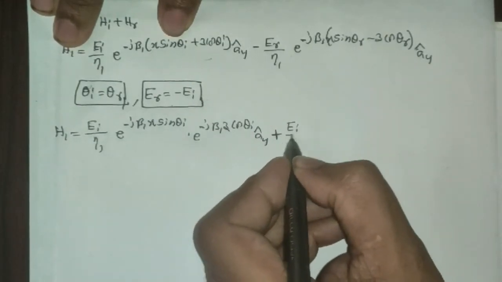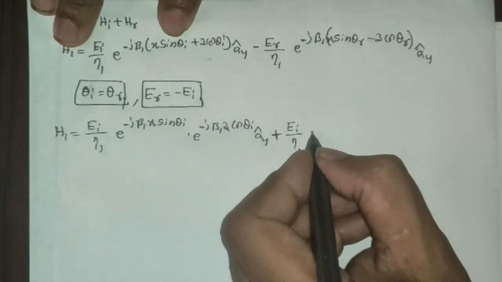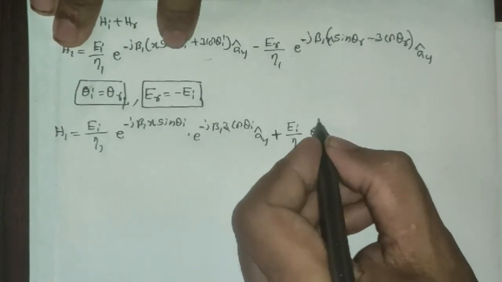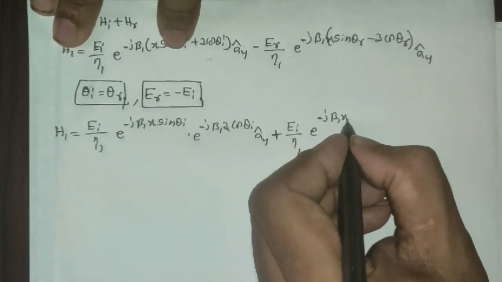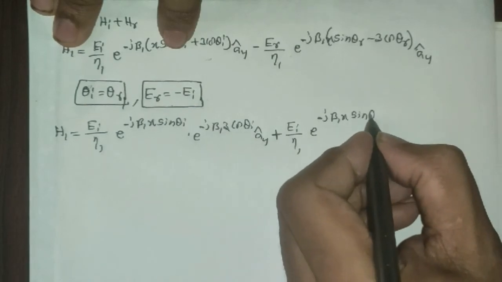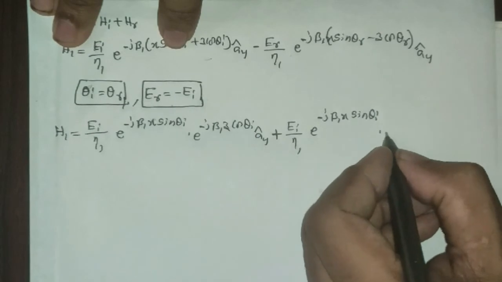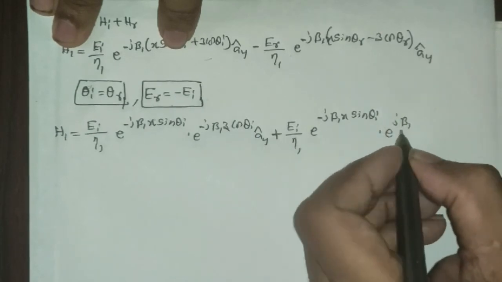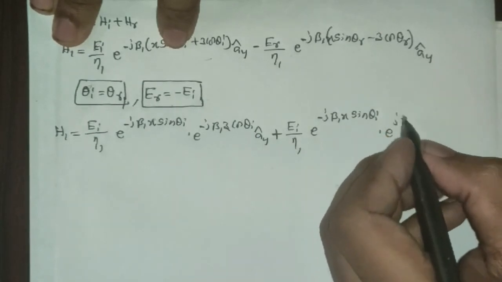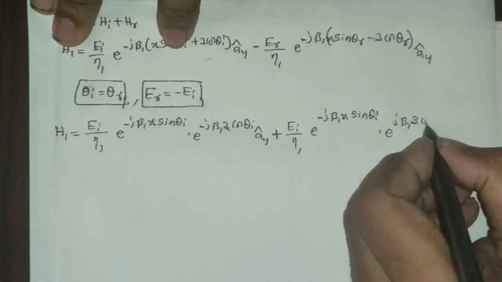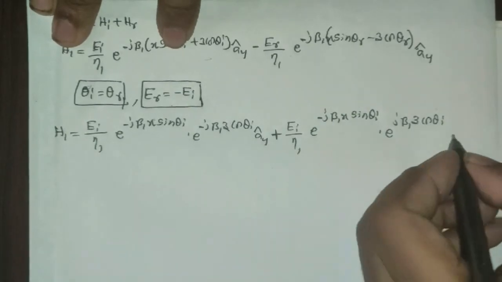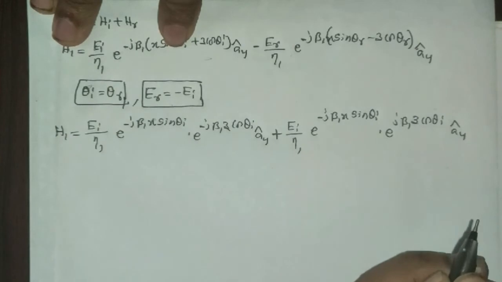So this value becomes EI by eta 1 into e to the power of minus j beta 1x sin theta I, because theta r is nothing but theta I, into e to the power of j beta 1 z cos theta I into ay cap.